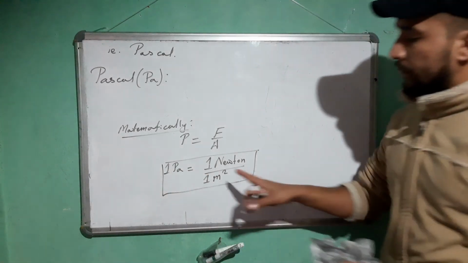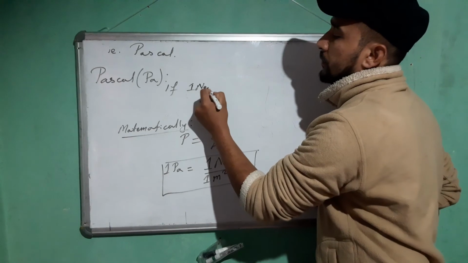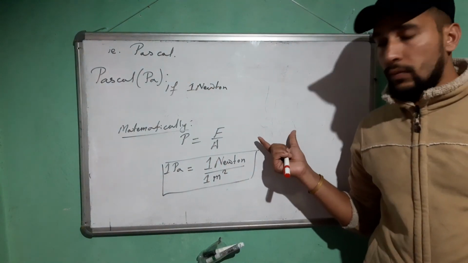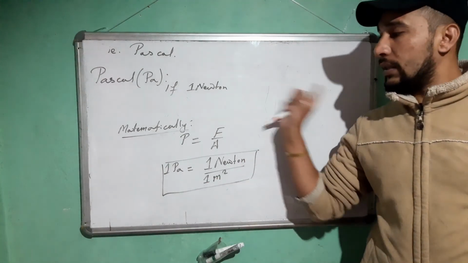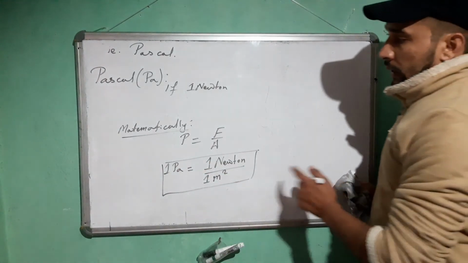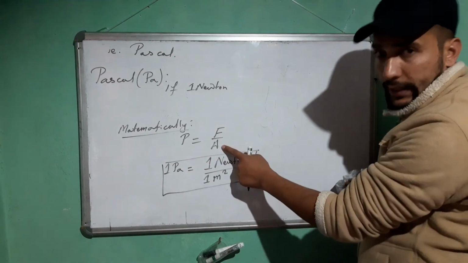So write it for me: if 1 Newton force is applied on an area of 1 meter square, then the pressure on that area is said to be 1 Pascal. Mathematically, we know pressure is equal to force upon area.